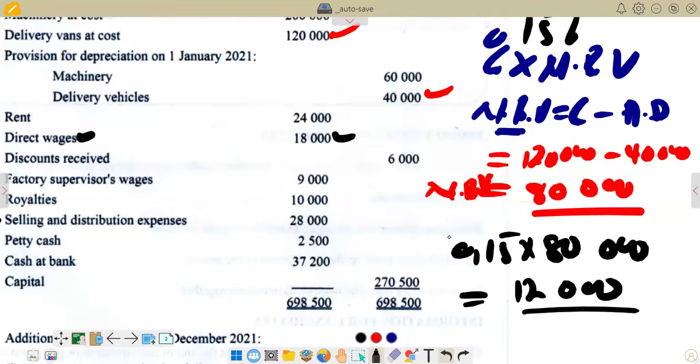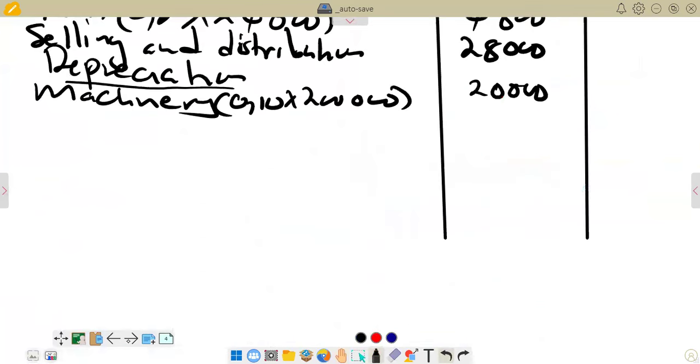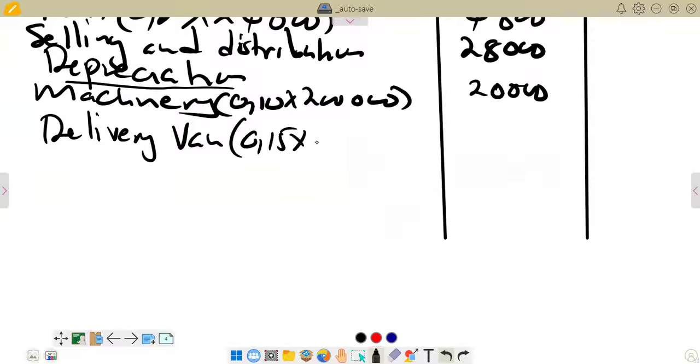So we're just going to summarize this in the working answer section. So you come here, we're going to say delivery van. Remember, we are going to say 0.15 times your 80,000 is our final calculation to get to the answer, and then the answer that we got there is 12,000.